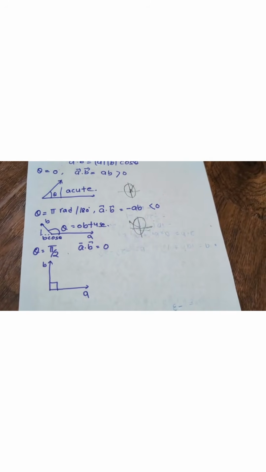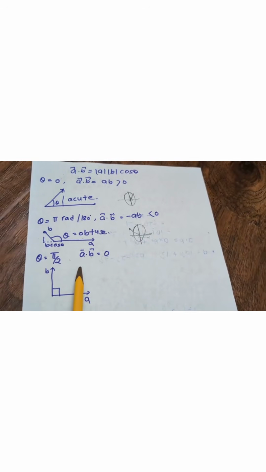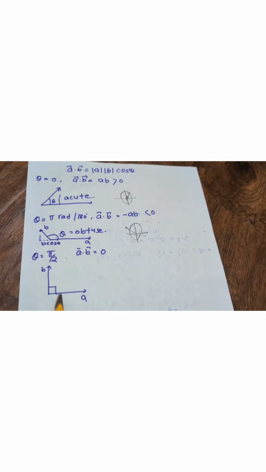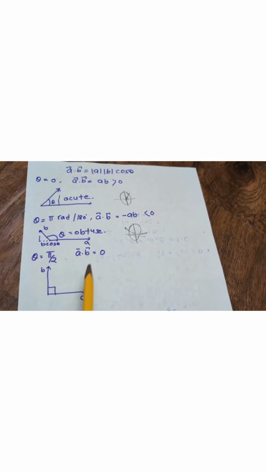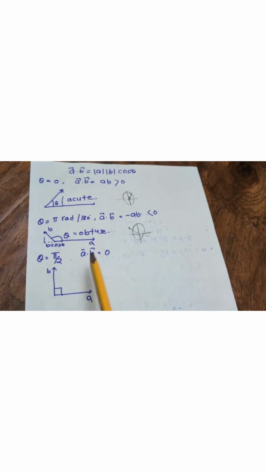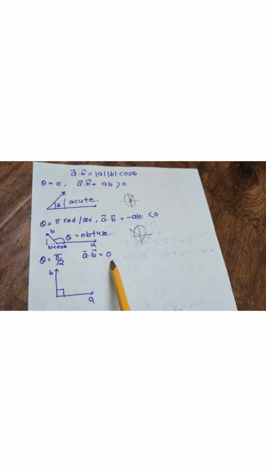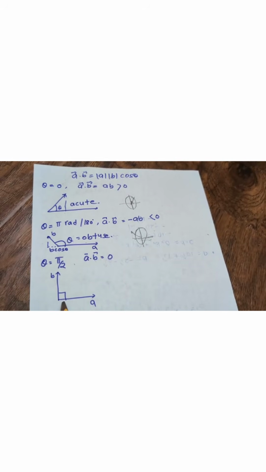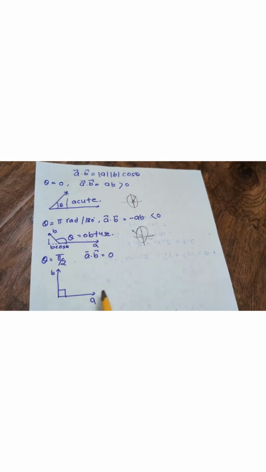Now what happens when theta is pi by 2 radian or 90 degrees? When the two vectors are perpendicular to each other, obviously cos 90 is 0. So you will get the dot product of the two vectors as 0. That means the two vectors are perpendicular to each other.